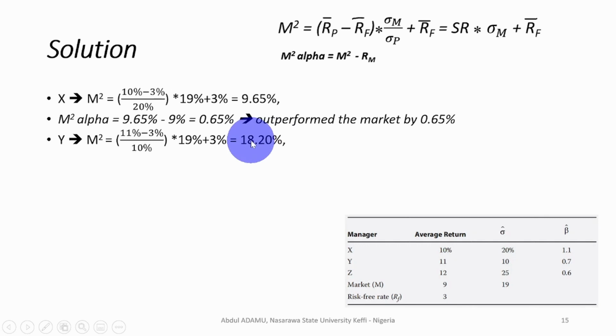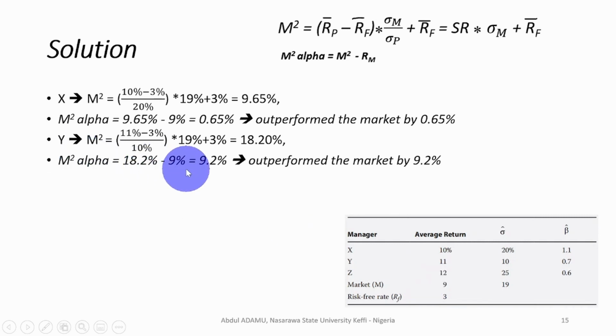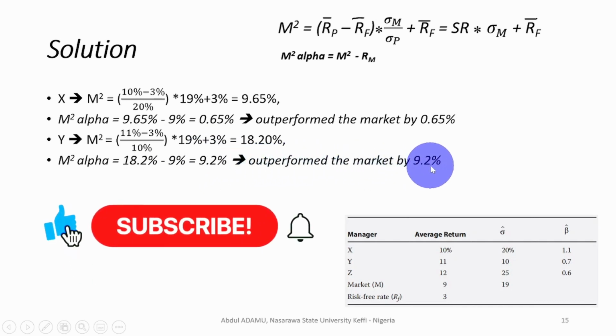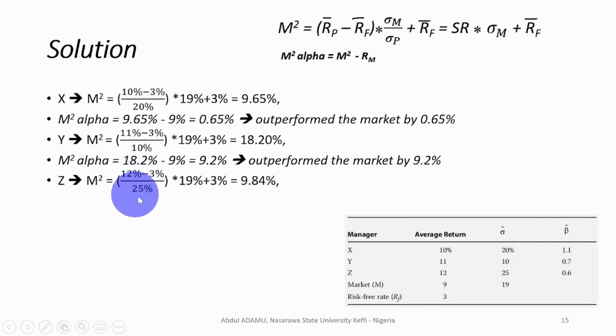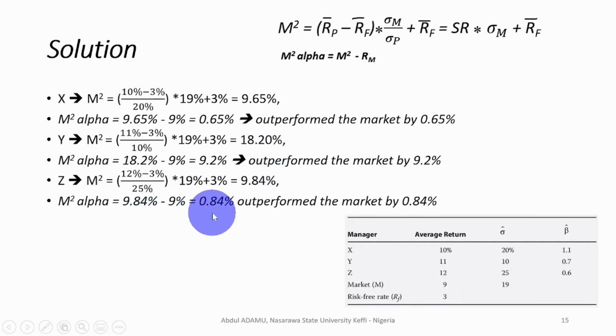If we subtract our market return, our MSquare alpha is 9.2%, which also shows that Y has outperformed the market. Also for Z, if we substitute, we have 9.84%. If we subtract the 9% of the market, we get our MSquare alpha, which is 0.84%. It also shows that it outperformed the market by 0.84%.